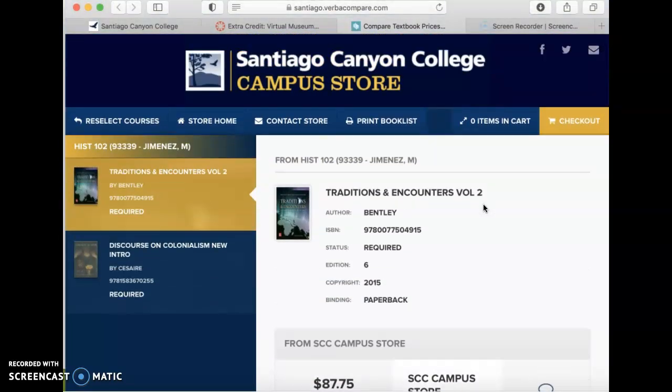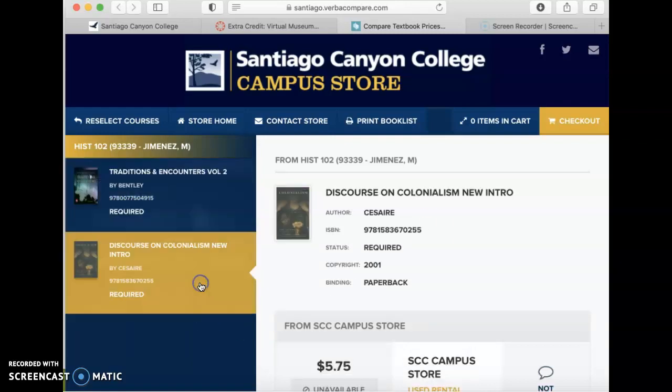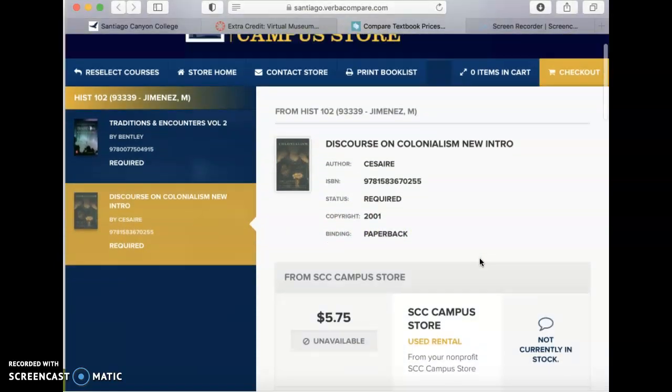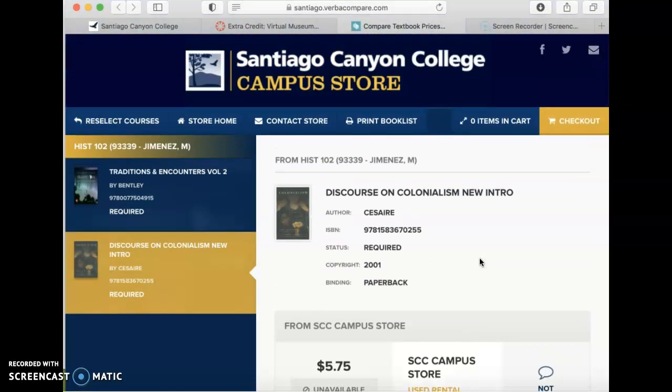I would find any means necessary to get a cheaper edition, which you can, and the bookstore does have links to cheaper books. Finally, here's the Cesare book. As you can see, it's pretty cheap. You won't need this till the end of the semester, so there's no rush to get it. But there's that book.